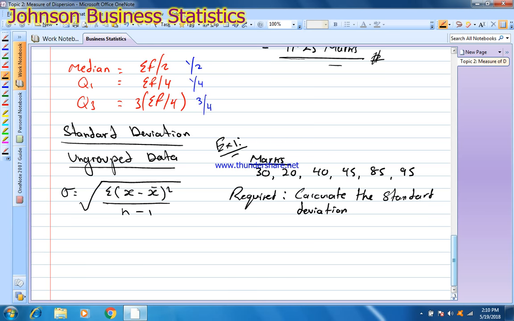So back to ungrouped data, standard deviation.